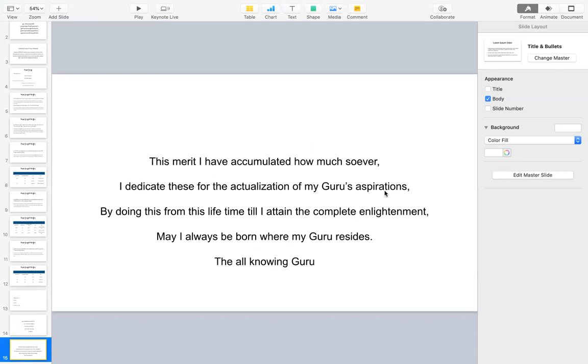So for me, my own guru; for every one of you, your own guru. By doing this, from this life till I attain complete enlightenment, may I always be born where my guru resides. And the guru knows all. The guru is omniscient, so he knows all. So this is the verse.